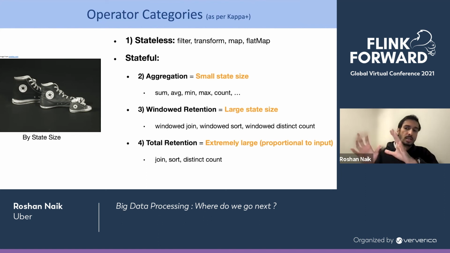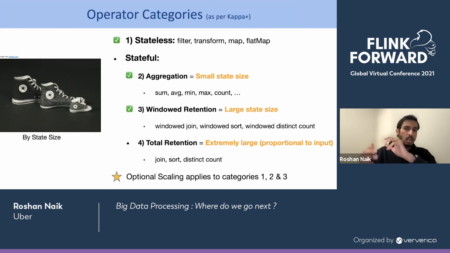These obviously are extraordinarily large in terms of state requirements and proportional to the input size. With respect to optimal scaling, the point I'm trying to make here is that the first 3 categories are where you get optimal scaling. So if all the operators in your job fall in the first 3 categories, and it's a streaming job, then you will get optimal scaling.